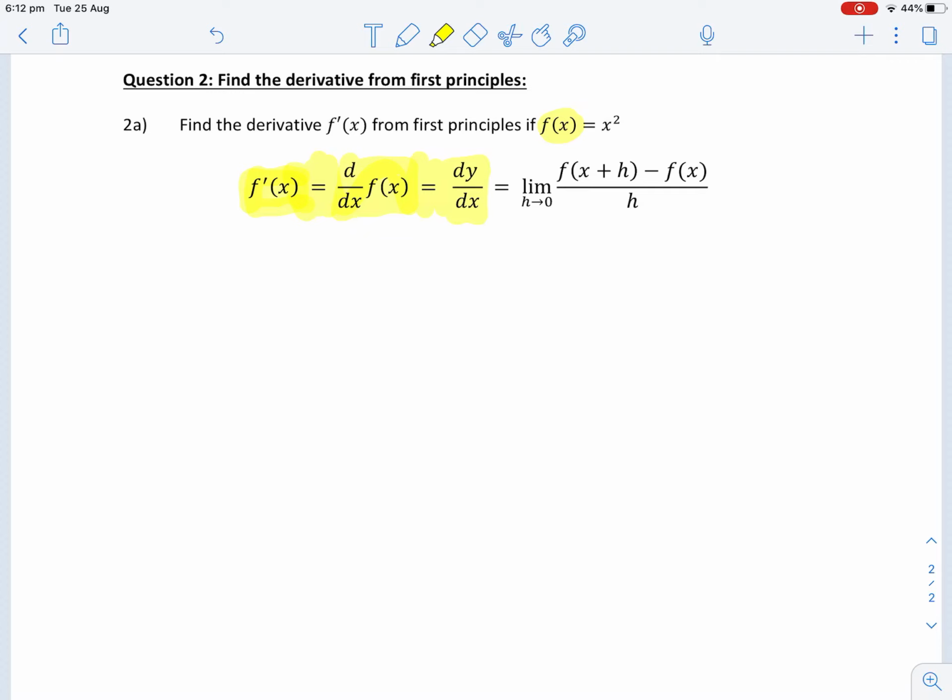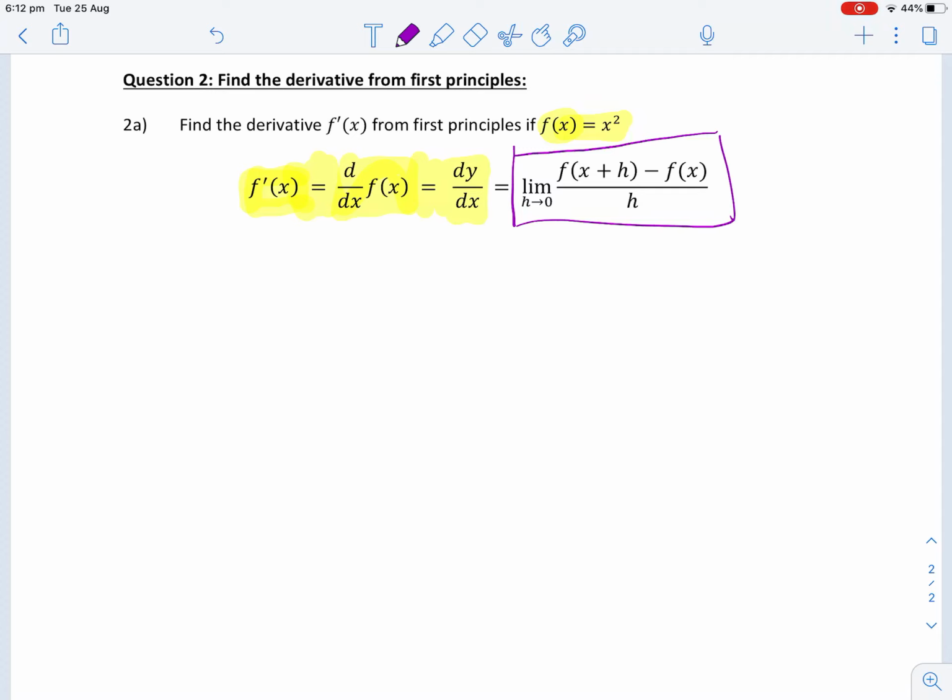All of those mean the same thing. They all mean the derivative of the function f of x. And the formula from first principles for differentiation is that one. So we're going to do this one, differentiating f of x is x squared from first principles.